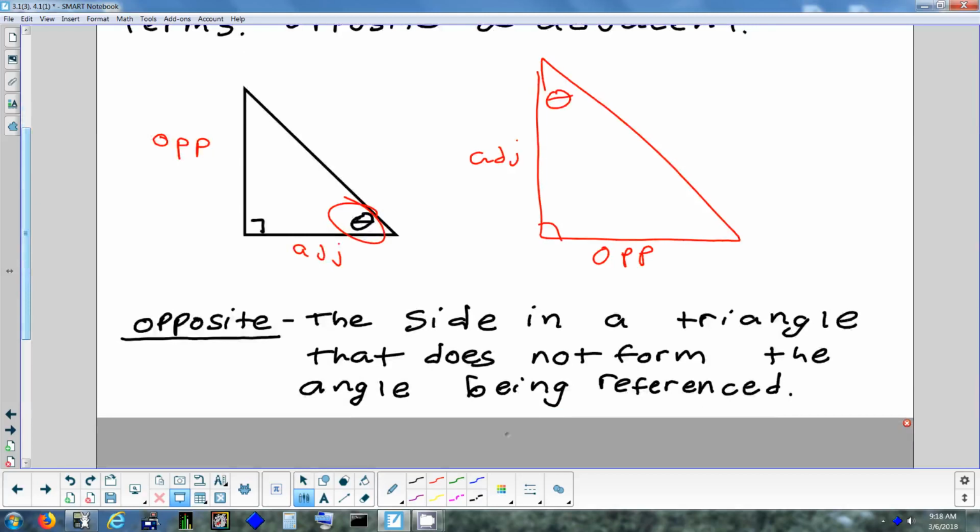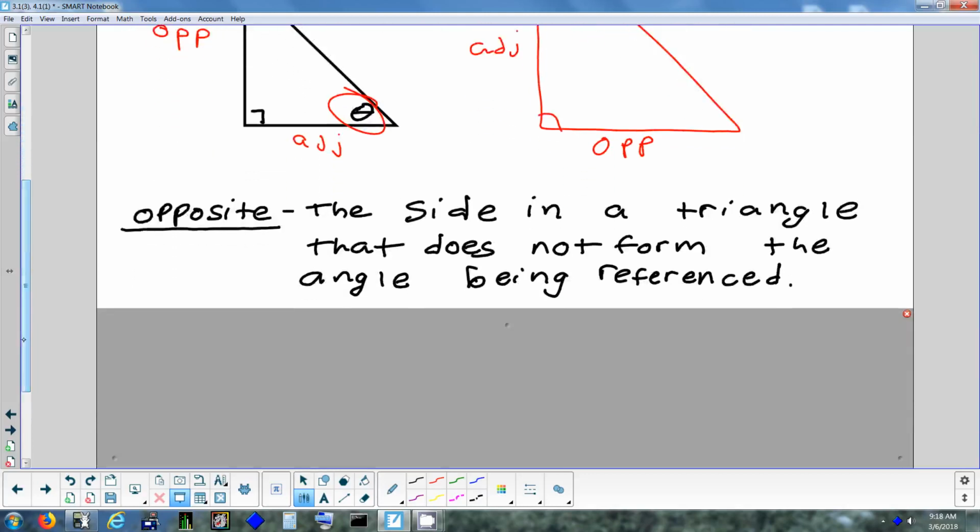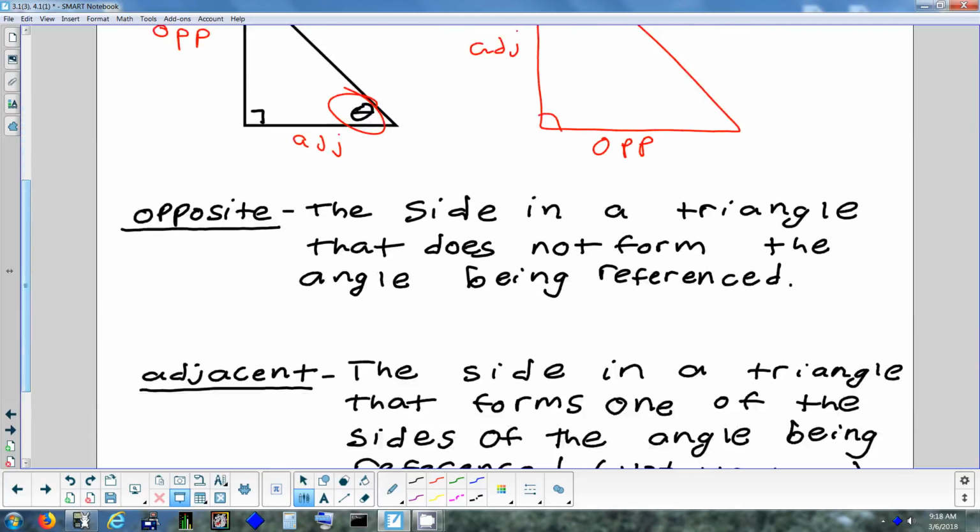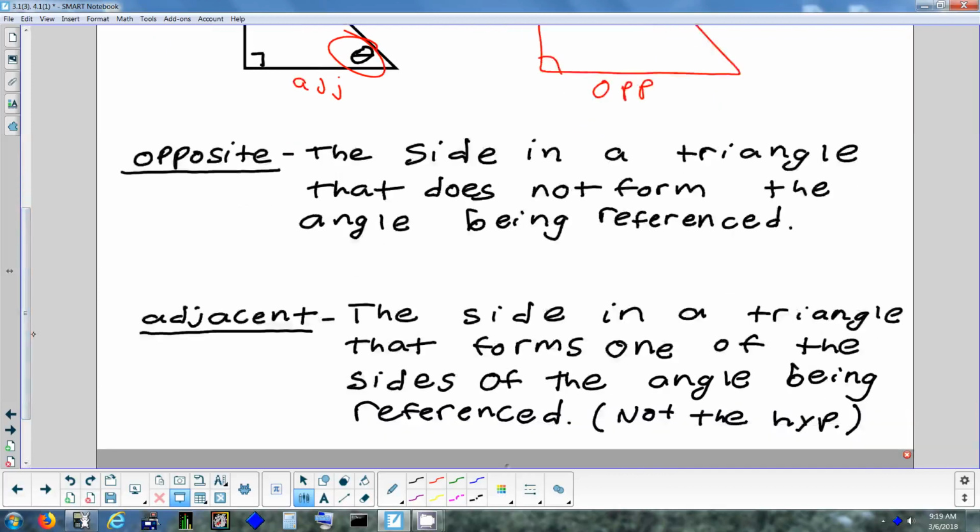Another way to define adjacent, and I'll scroll down to it right now, is adjacent is one of the sides that if you erase the adjacent, you wouldn't have an angle anymore. So it forms one of the sides of the angle being referenced. And it's not the hypotenuse.